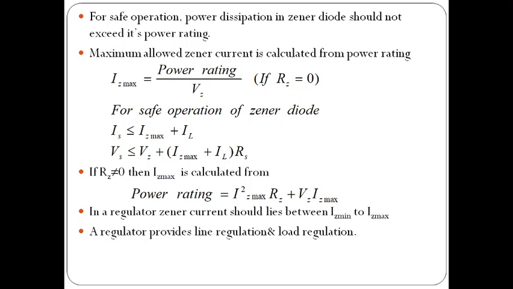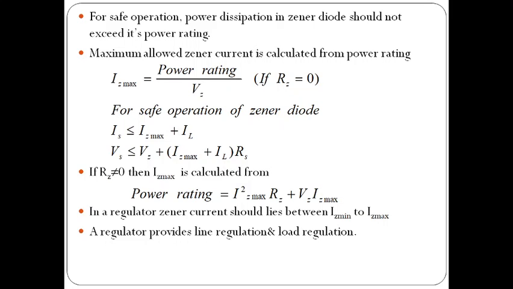Now if I consider the second case, that means regulation with varying load, I need to assume my supply is constant, that means Vs is constant. So when the load resistance decreases, IL increases. To keep Is constant, Iz decreases.